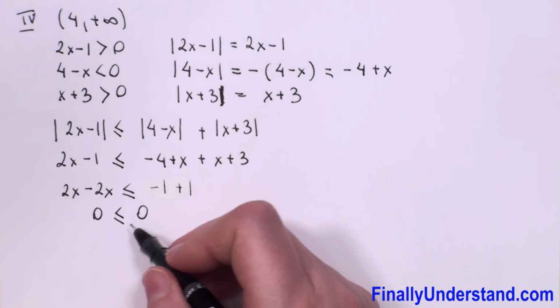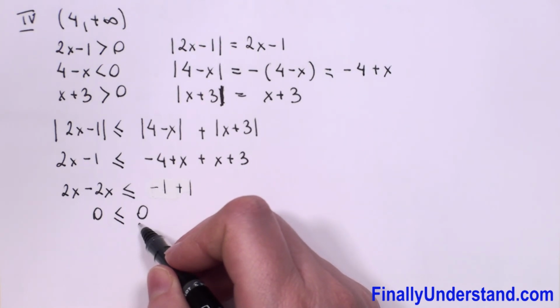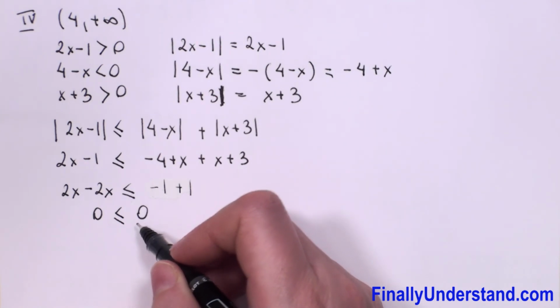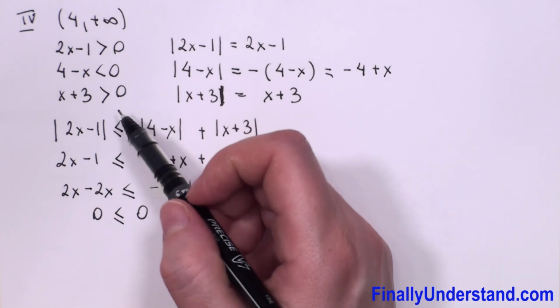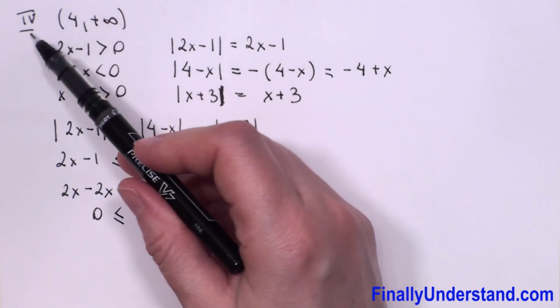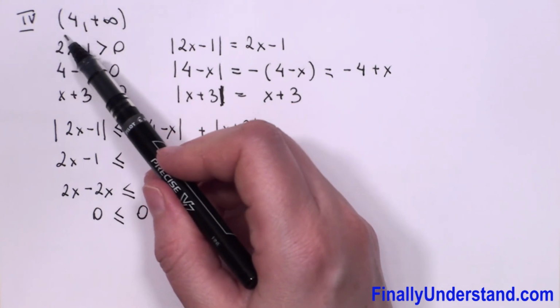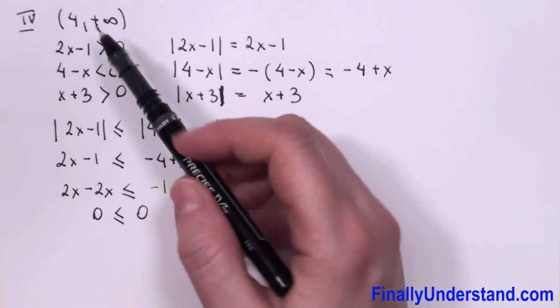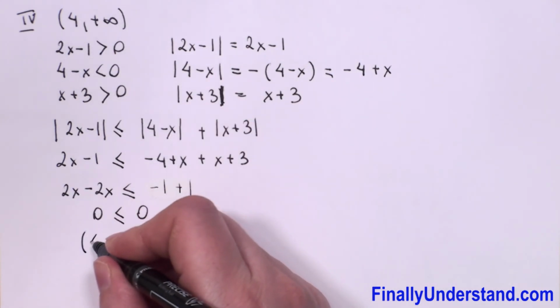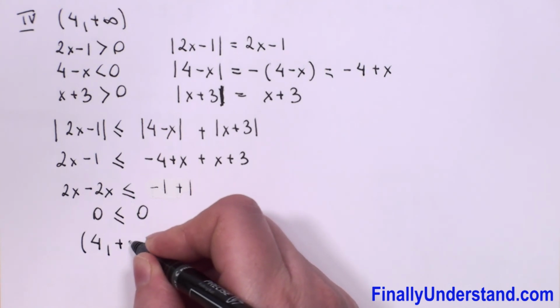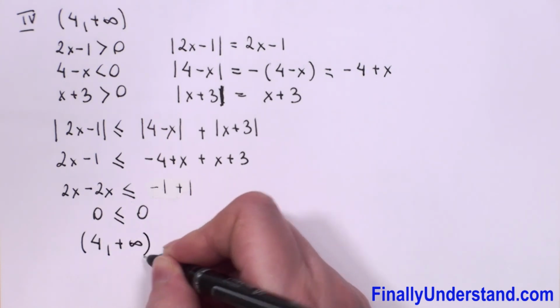This inequality is always true for all real numbers, so it means the solution for the fourth case is all real numbers in this interval. So we have solution for the fourth case.